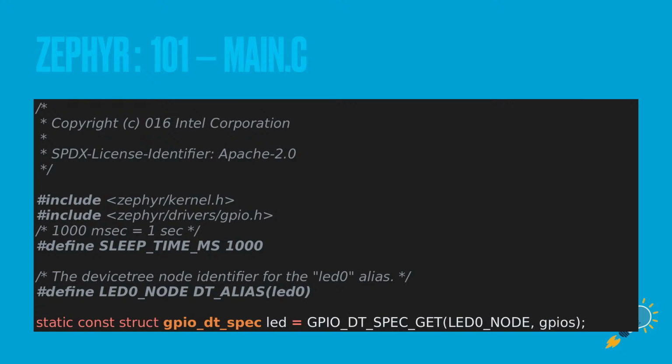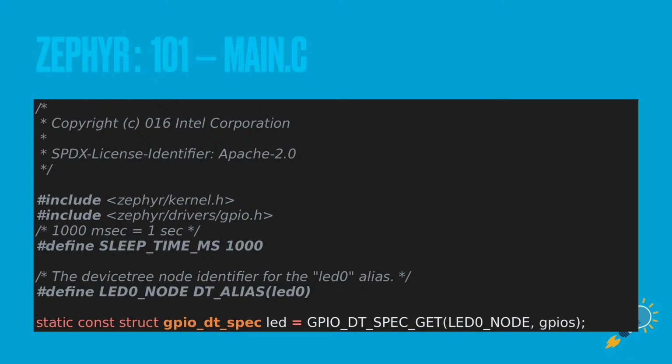So inside, if you haven't already, create a src folder, and then create a main.c file. This is the sample from the Zephyr SDK. So I just adopted it because it's very simple and straightforward and easy peasy.